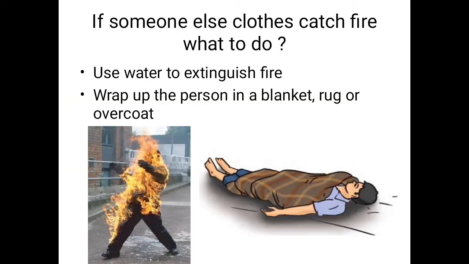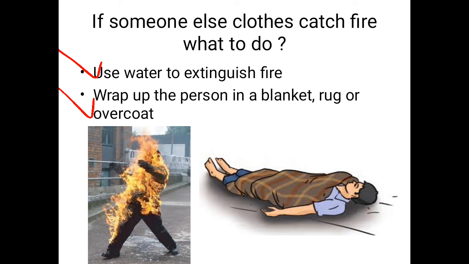What if someone else's clothes catch fire? What to do in that condition? You can use the same technique of pouring water to extinguish the fire. And the next very beneficial and efficient way to control fire is that you can wrap the person who is on fire in a blanket or a rug or an overcoat.